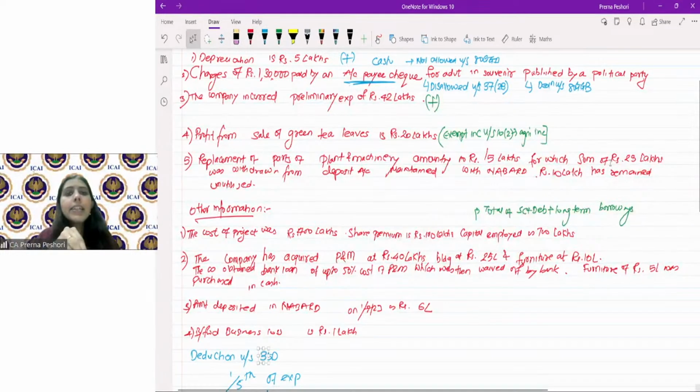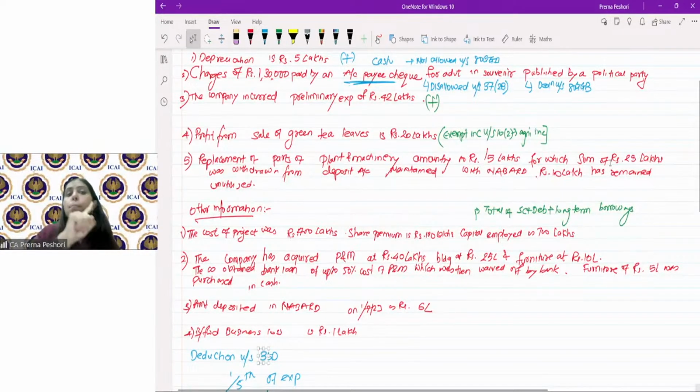Now, at the time when you deposited the amount in the NABARD account, you would have claimed the deduction under 33AB. Now, when you are withdrawing that amount and incurring it for certain expenditure, again you are claiming a deduction by debiting this amount in your profit and loss account.